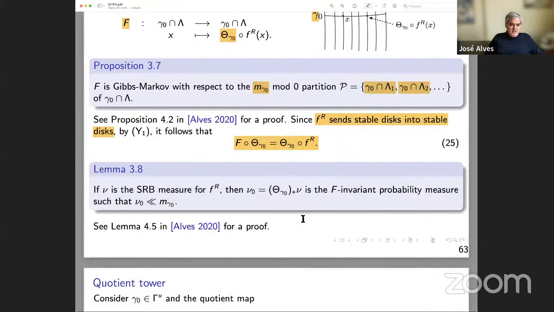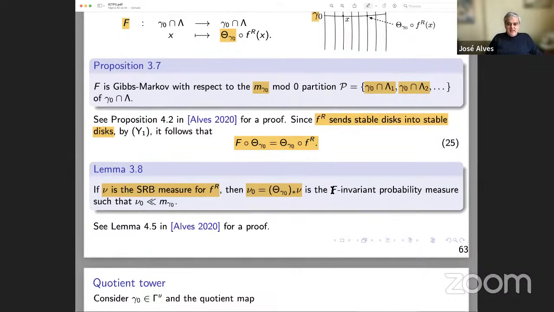It happens that if nu is the SRB measure for FR, then the push forward of nu through this projection map, which is the holonomy, is the F invariant probability measure.